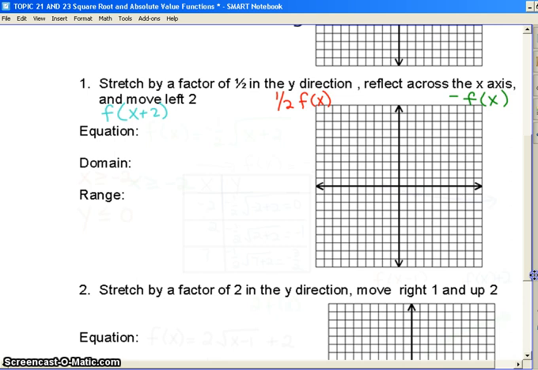Remember, our parent function is what we're starting with. So when we write the equation, we're going to do all of these different things to square root of x. f of x is equal to negative 1/2, here's the negative 1/2, and here's the plus 2.